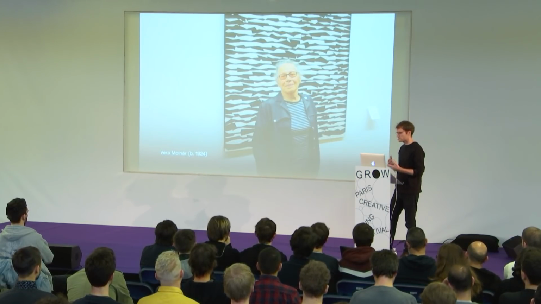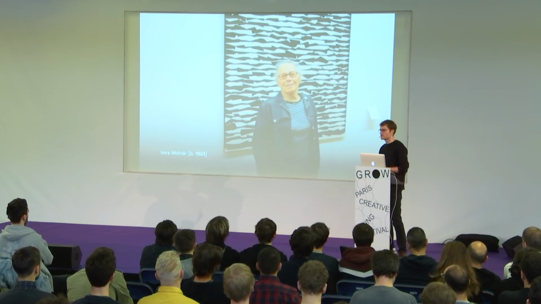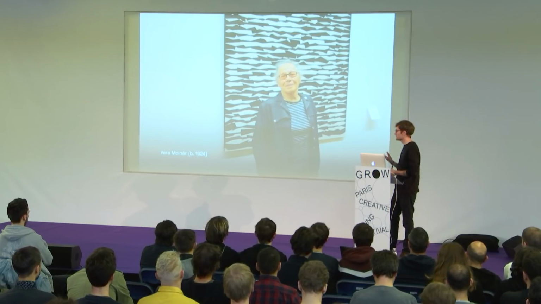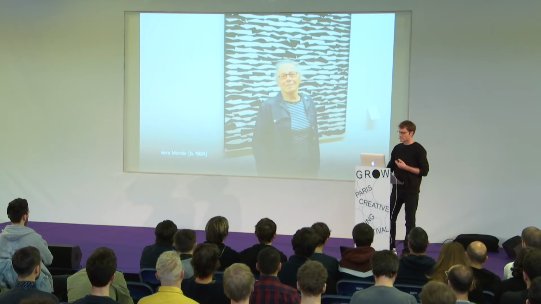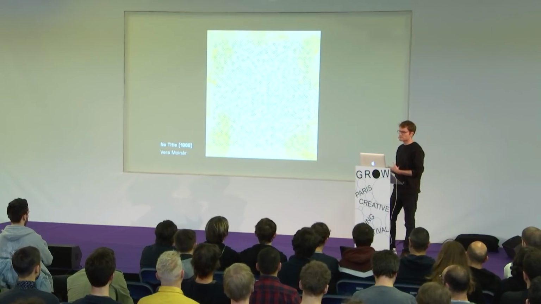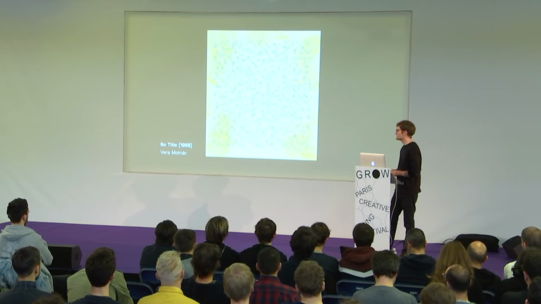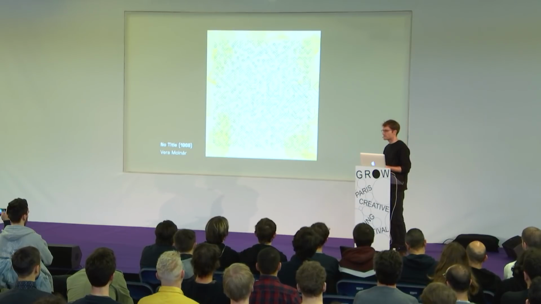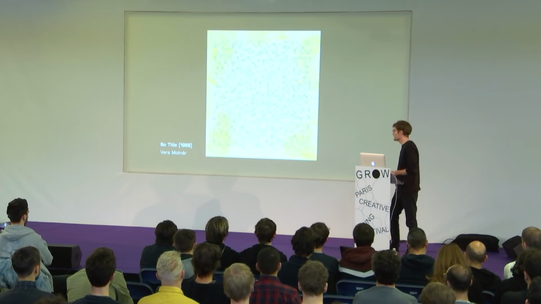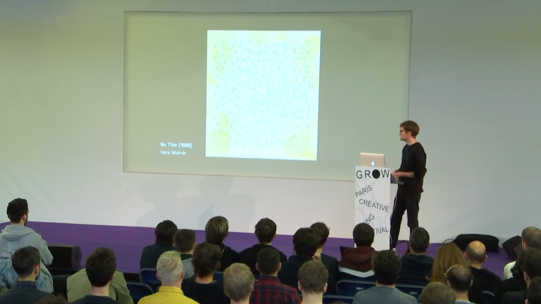And as I'm discovering more art and more artists and more inspiration, I'm also looking for art in the past. And I stumble upon Vera Molnar. And I realized that the pen plotter work that I'm doing today is not very new. It's been done since the 60s and 70s by artists like Vera Molnar, as well as other artists. This is a print that she did with a pen plotter in 1968.